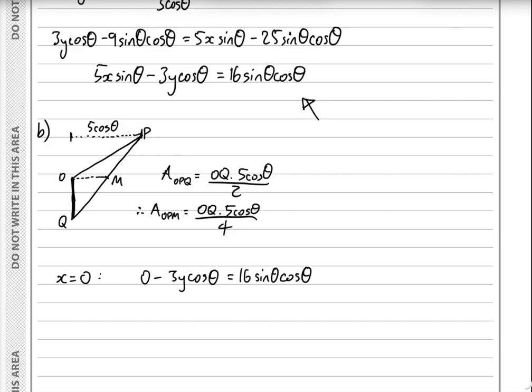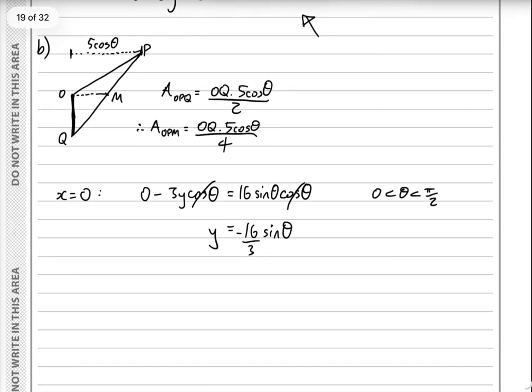We know cos theta can't equal 0 because we've got theta between 0 and pi by 2, not equal to. So I can cancel those two without worrying about dividing by a 0 by accident. So minus 16 over 3 sine theta equals y. So OQ is the magnitude of that, 16 over 3 sine theta.